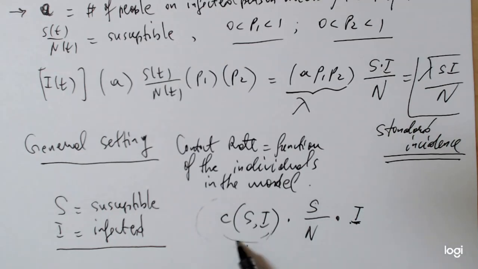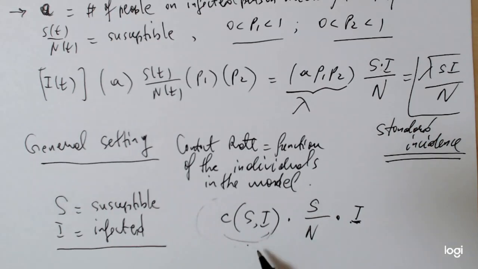But this contact rate, which incorporates these probabilities, can be made more dynamic. For instance, let's say you have very few susceptible and lots of infected. You can assume the population is more fearful, or there are some self-quarantining measures. So people's attitude changes in response to the epidemic. In fact, I have some papers written on that topic.